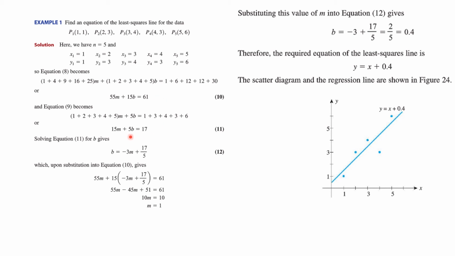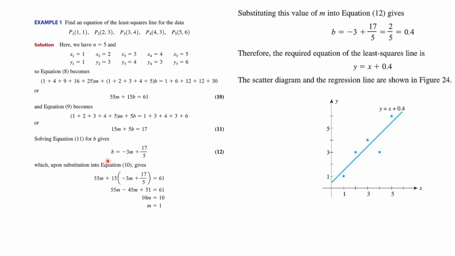Now the other equation becomes the summation of the x's times m plus how many data points we had? We had 5, is equal to, and again this is going to be the summation of the y's. And simplify, I get this. So I have this equation and this equation, 2 equations in 2 unknowns. You know how to solve it. We can solve it by substitution.